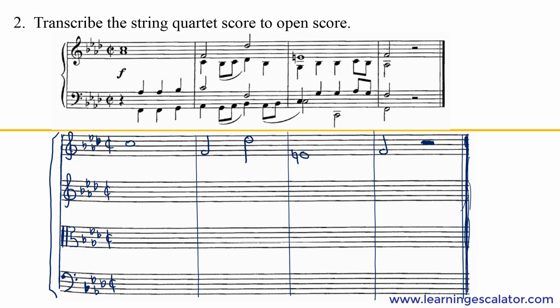Then there's for the violin 2 an A, then it's a C. So it's the bottom line of here, which are these. So basically we just rewrite it, but differently.